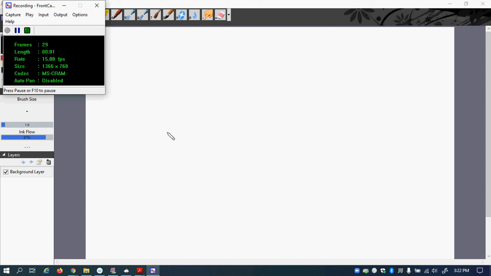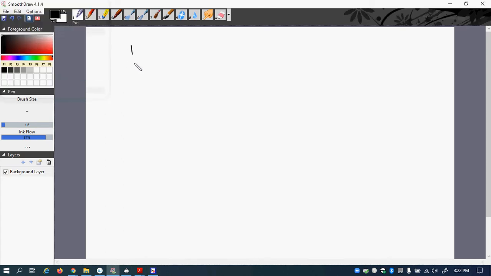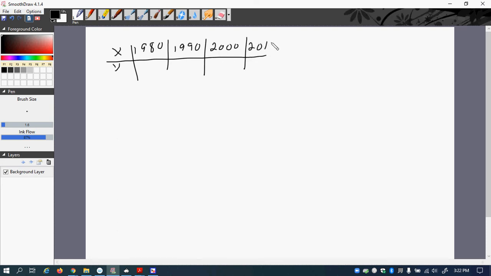So in this particular setup for 11.2, we're given a table, and from the table we have to come up with the vertex form. Let's say we have a table of the following: 1980, 1990, 2000, and 2010.